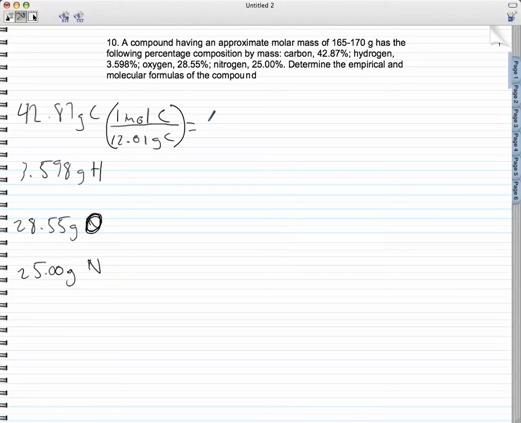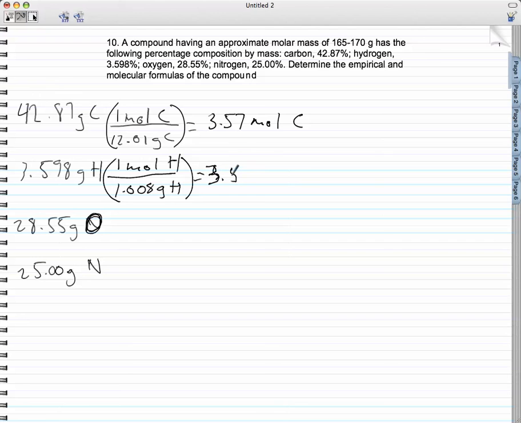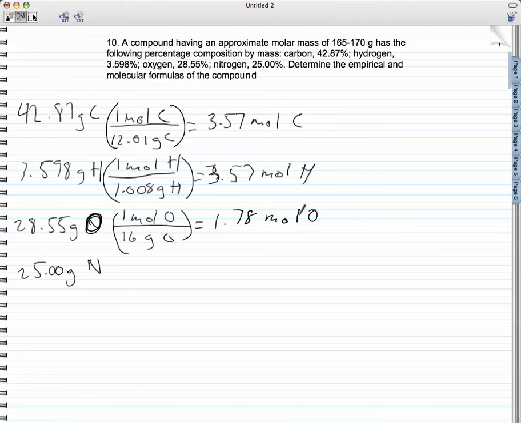Okay, and so this gives us about 3.57 moles of carbon, about 3.57 moles of hydrogen, 1.78 moles of oxygen, and about 1.78 moles of nitrogen.